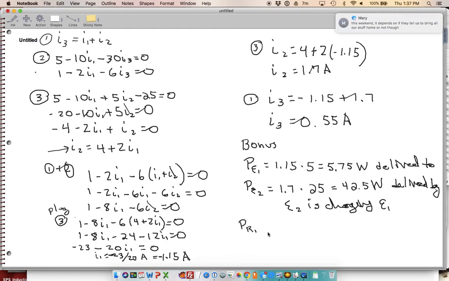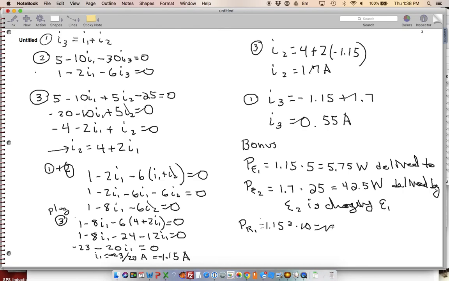This time we're going to use I squared R. So this is going to equal 1.15 squared times 10, and that's going to equal 13.2.